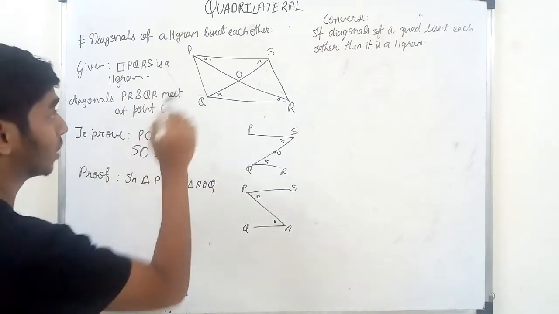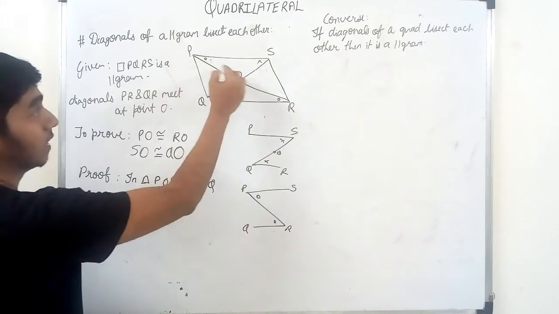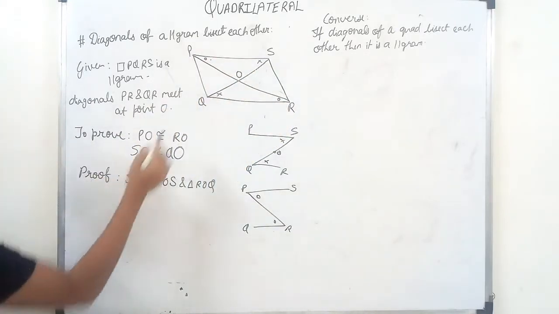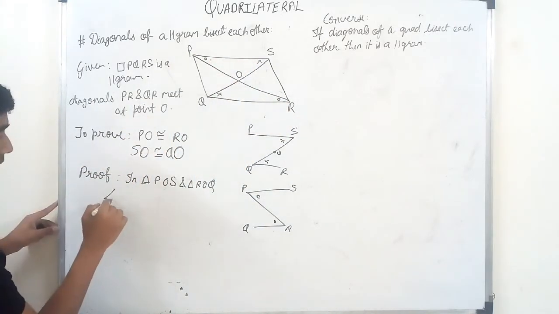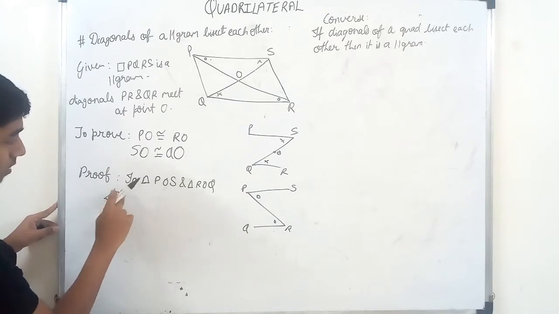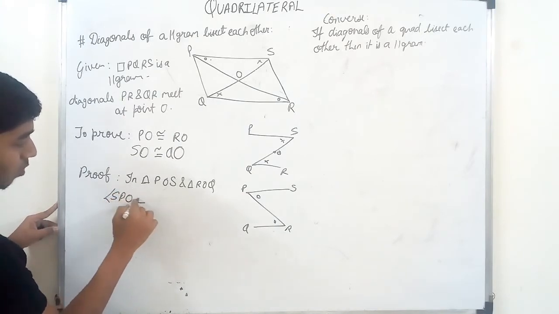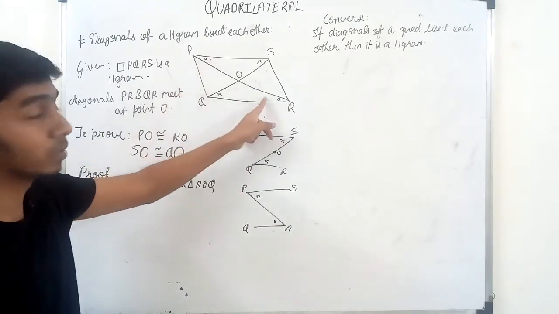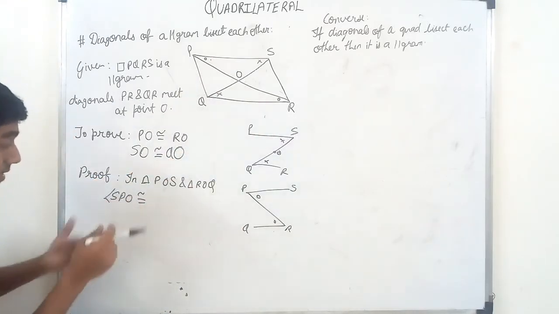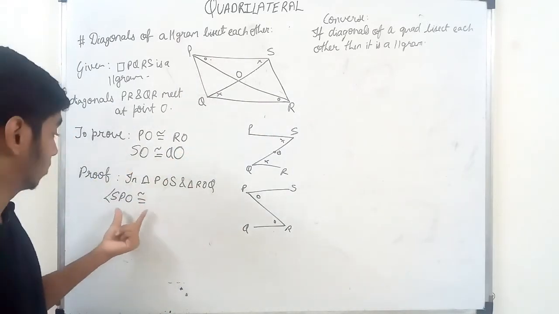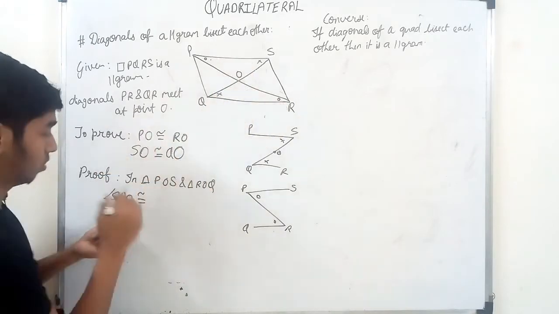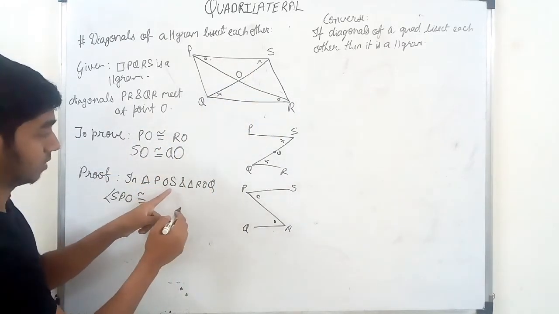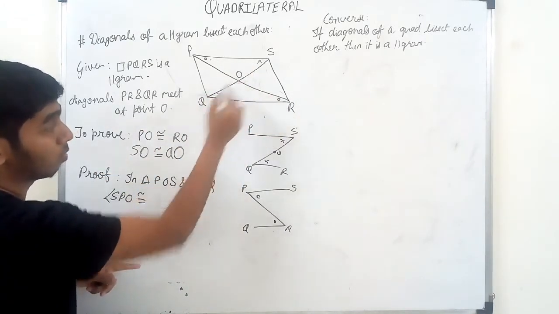Now we can say angle SPO, so this angle is congruent to this. Write this clearly or properly. So SPO is congruent to QRO.